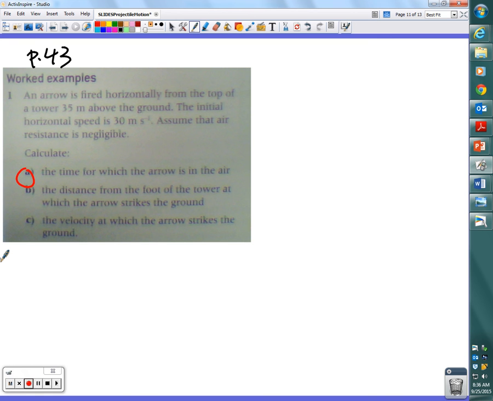Displacement, initial velocity, final velocity, time, and acceleration, right? Those are the SUVAT. Those are the 5 things that we can measure to describe the motion of an object.